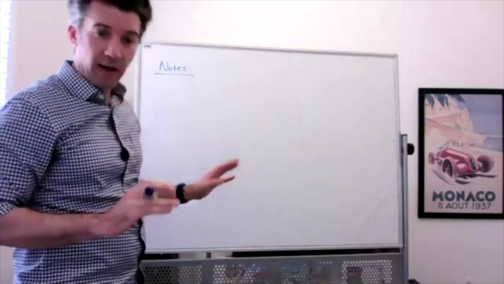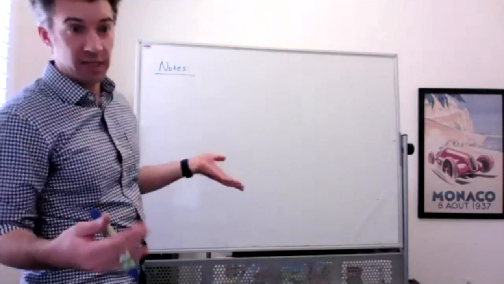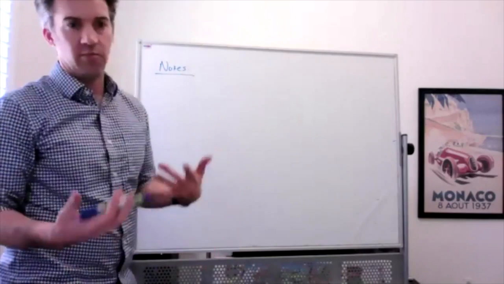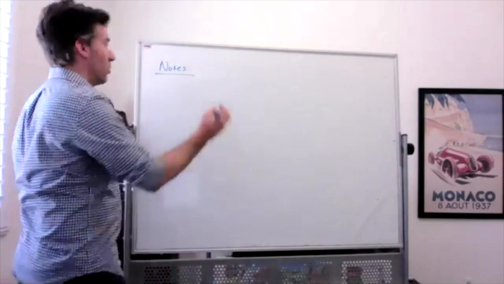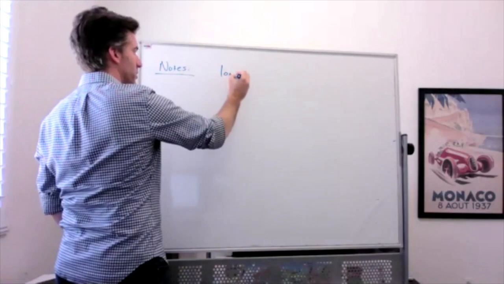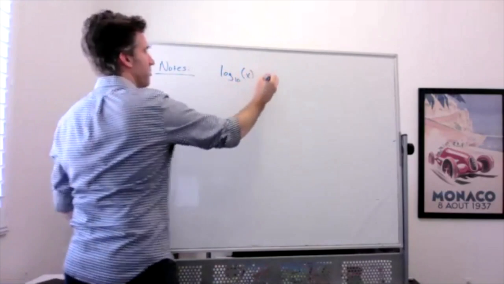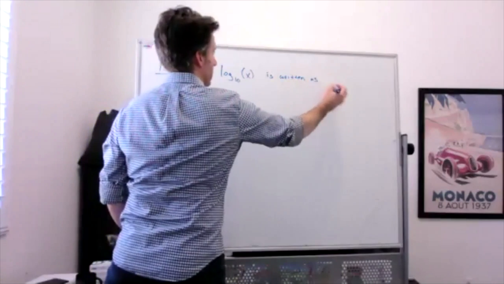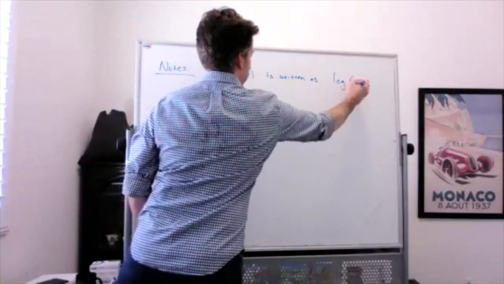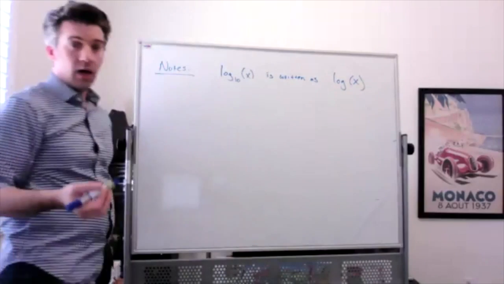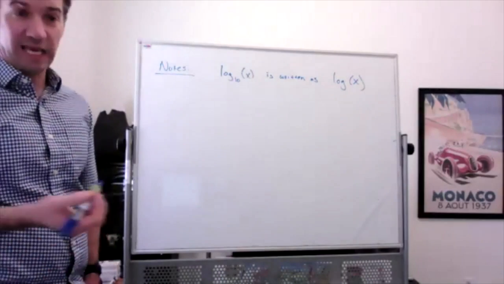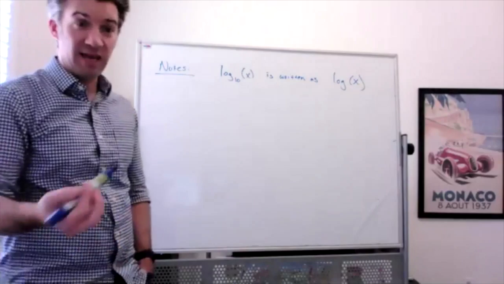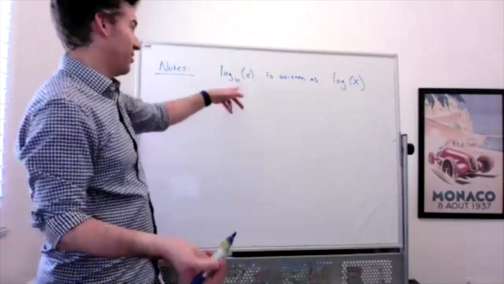Not that everything is base 10; time is kind of base 60, but base 10 is most of the stuff we deal with. So log base 10 of x is written as just log of x. We omit the 10 because we're just lazy, trying to save ink when we write our books, and we don't want to write all those little 10s in there.